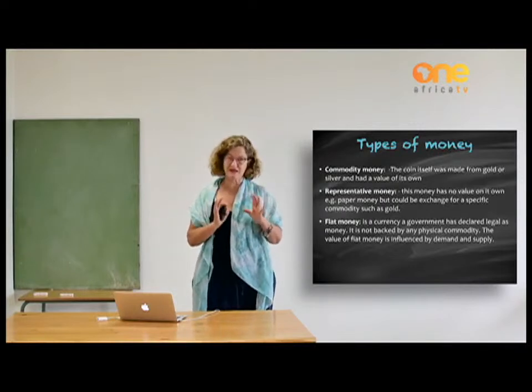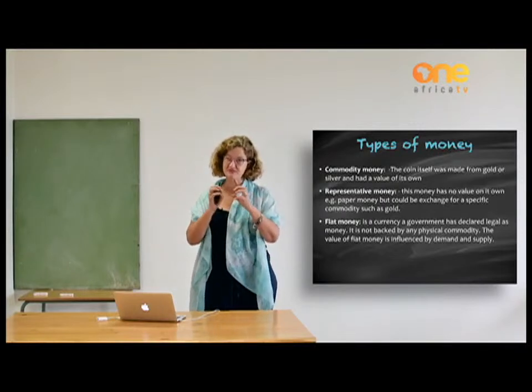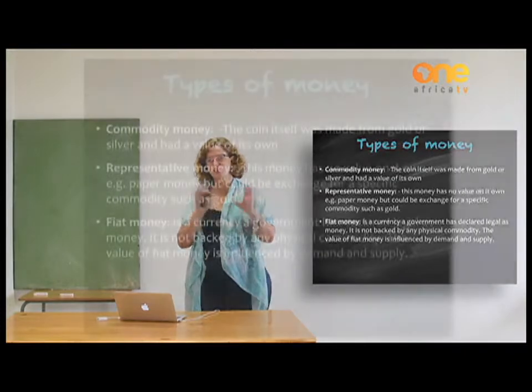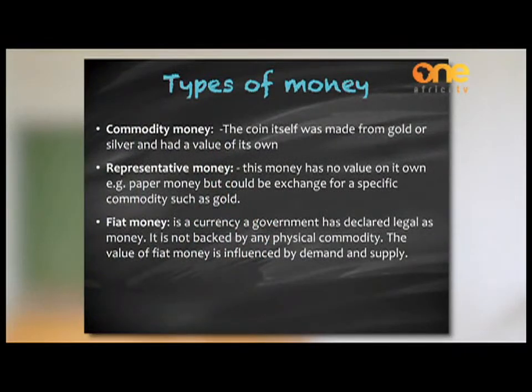They say that type of money, which is made of pure gold or silver or copper or whichever, is commodity money. Commodity money is where the coin itself has a value because of the metal it is made of.